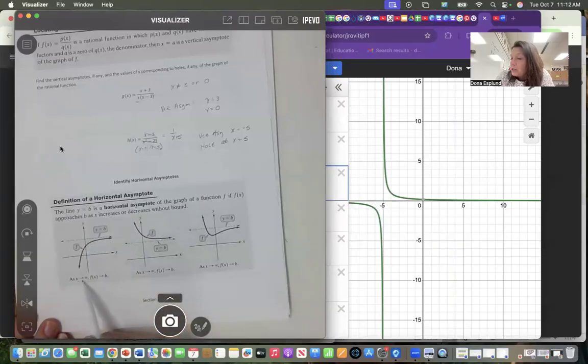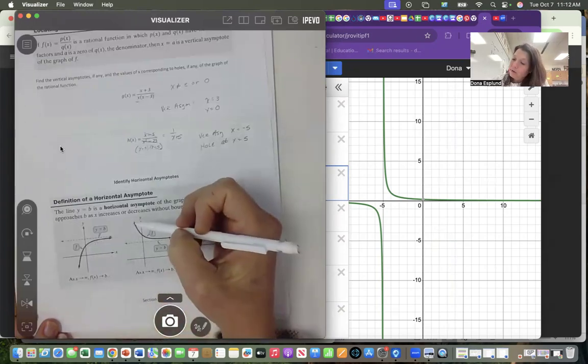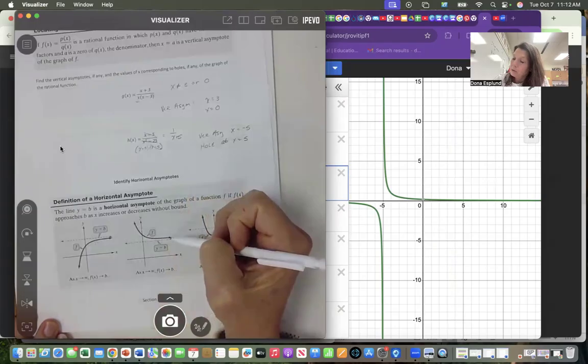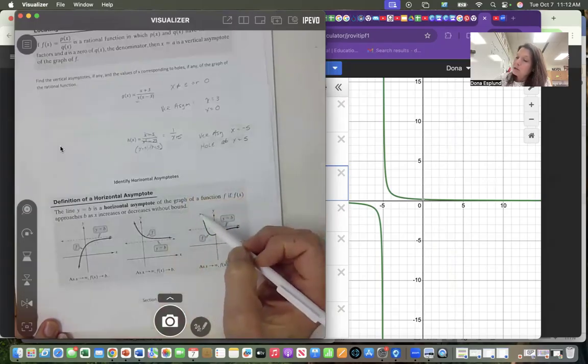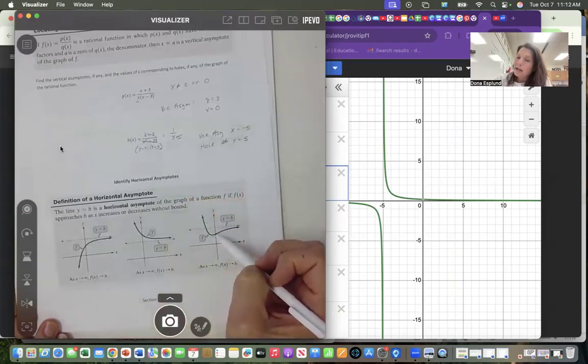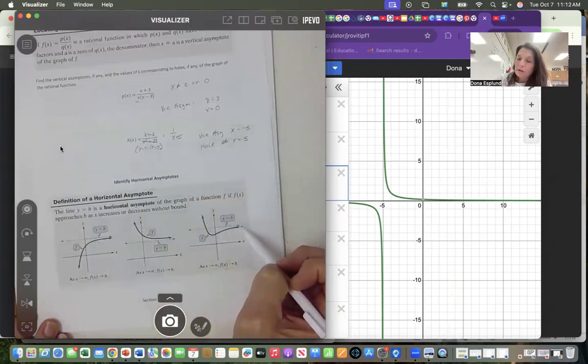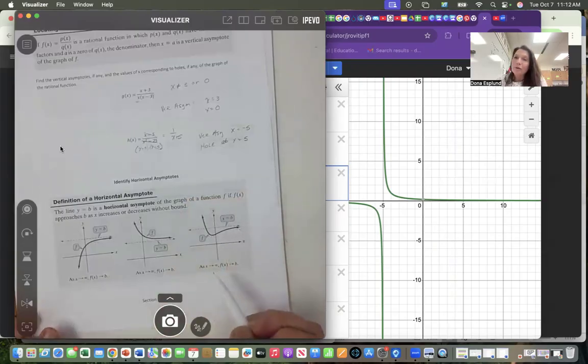You would say as x approaches infinity, in other words, x is getting really big, y is getting closer and closer to this horizontal asymptote. It can also approach b from the top, coming down. You could actually have a graph cross the horizontal asymptote and then again go towards approaching it. But what we're really looking for is what happens at those extremes.